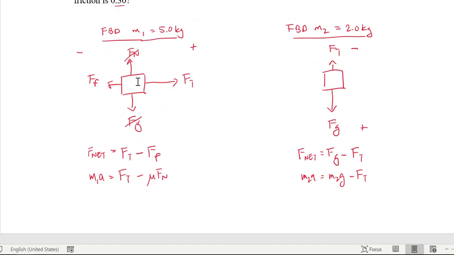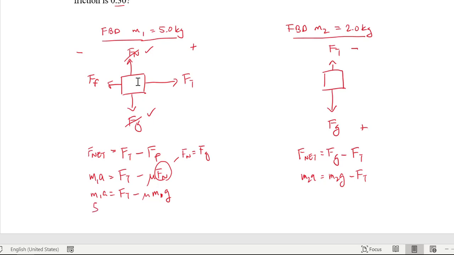And here, we also know that in this case, Fn is equal to Fg because they balance out. And so therefore, this is just mu M1G. Plug in our values, and if you can go directly to this step, go right ahead. You don't have to write this every time if you remember what equations you're dealing with. It's up to you. I'm just writing all the steps so you can see it.